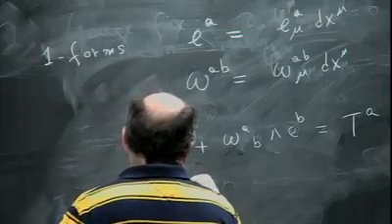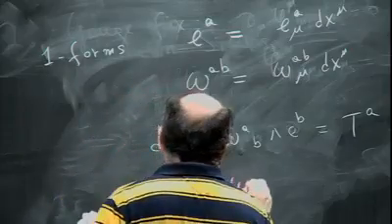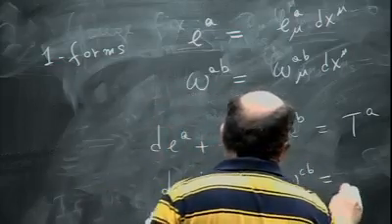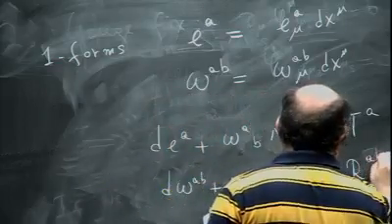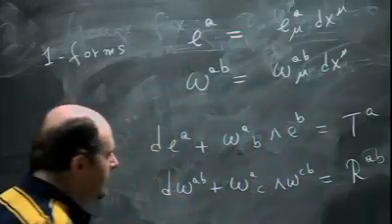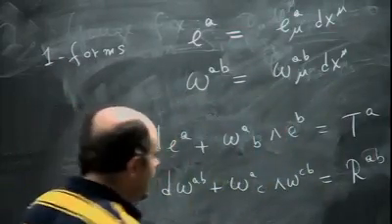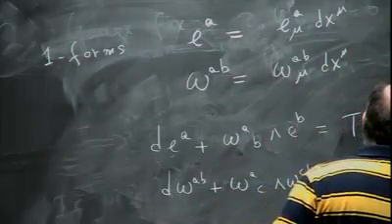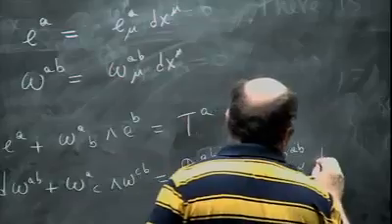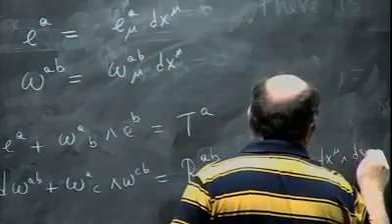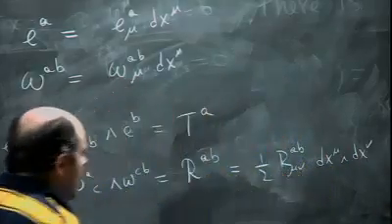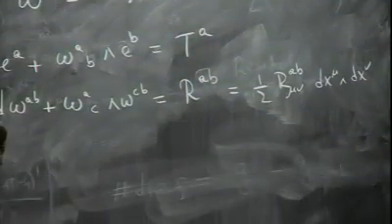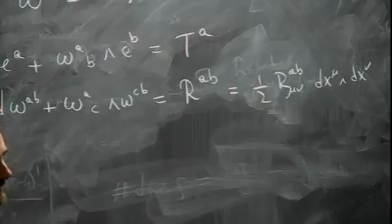So the first structure equation says that this is the torsion, right? And the curvature which you can build from the spin connection is the Riemann curvature 2-form, right? This is a 2-form. And one can always go back to the metric formulation by imposing torsion to be 0 and then solving the torsion constraint.